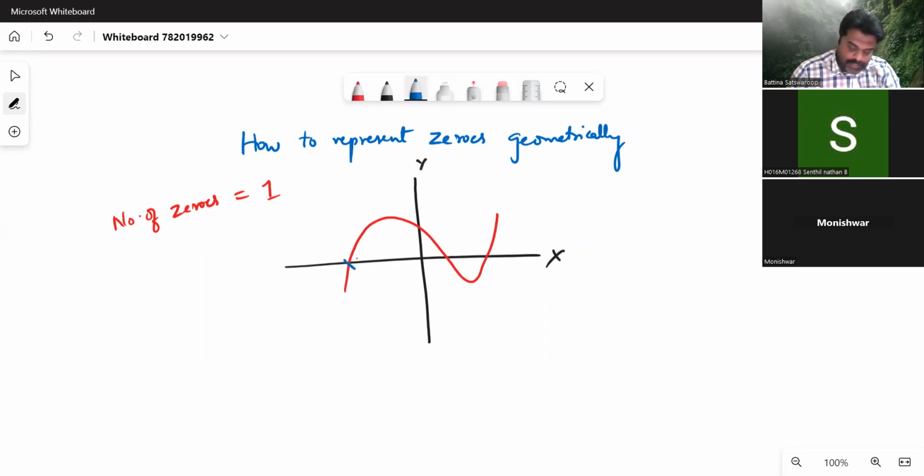This graph touches x-axis at 3 points. The number of zeros will be 3. Suppose, let us say, I draw a graph like this. How many number of zeros are there? 2, sir. Very good. See, touching at 2 places. Right?